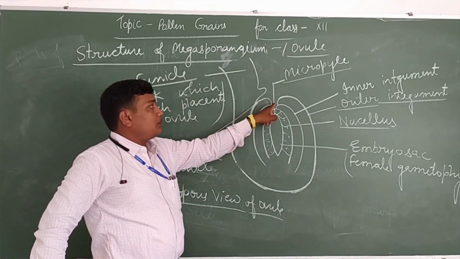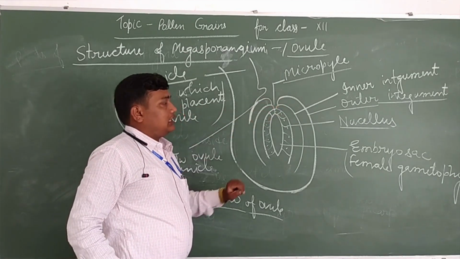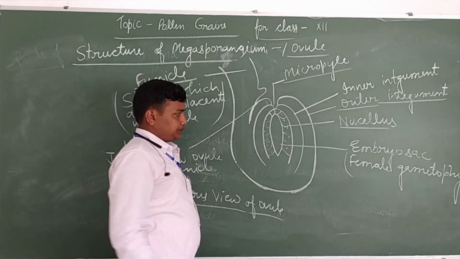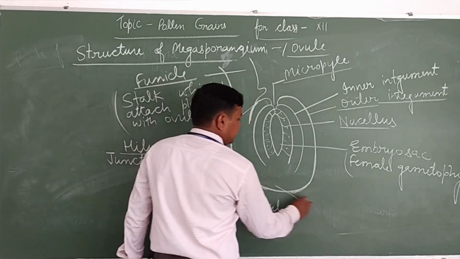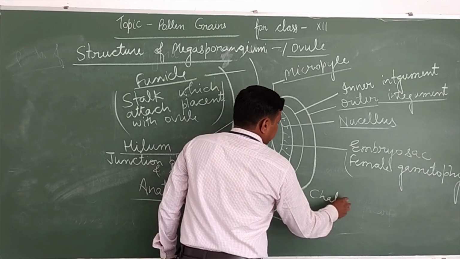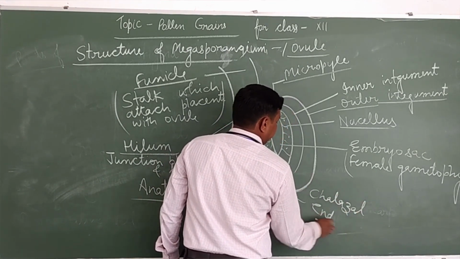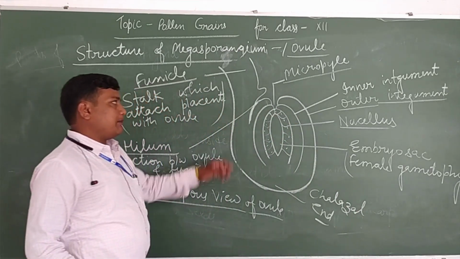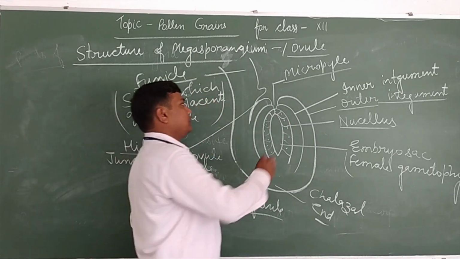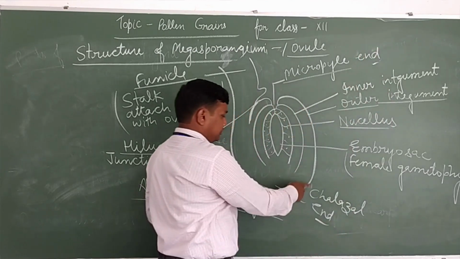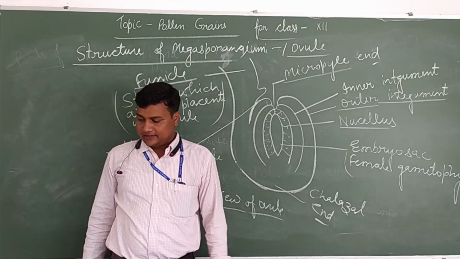Through the micropyle end the pollen tube enters inside the embryo sac. This other portion is known as chalazial end.